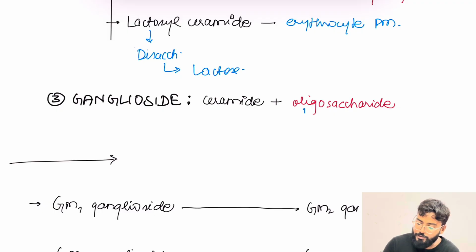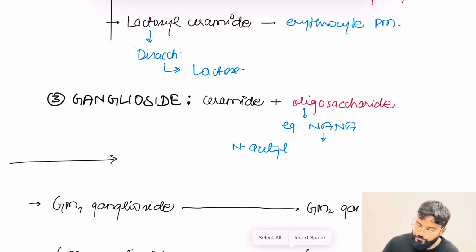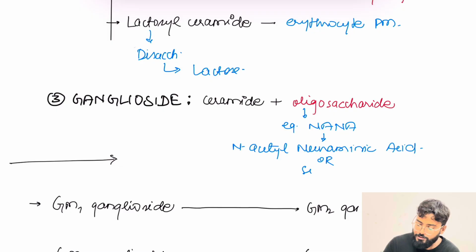One example is this. What is this? What does this stand for? That is your N-acetyl neuraminic acid, or this is also known as sialic acid.